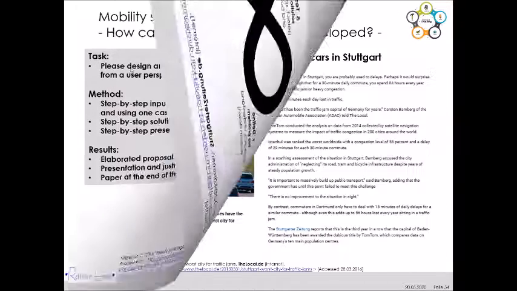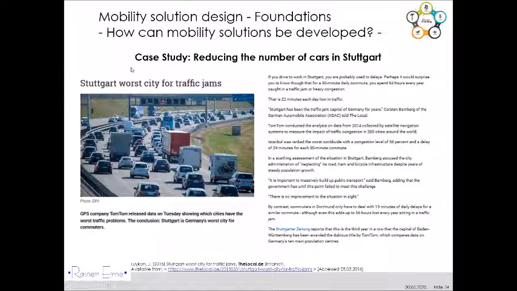The case study I will use in order to show you the single steps of the design thinking approach is the traffic situation in Stuttgart. Stuttgart is famous for being one of the worst traffic situations in Germany.